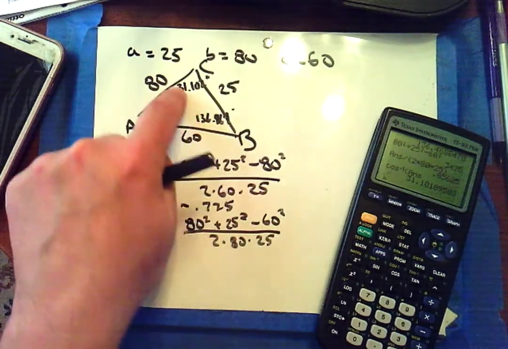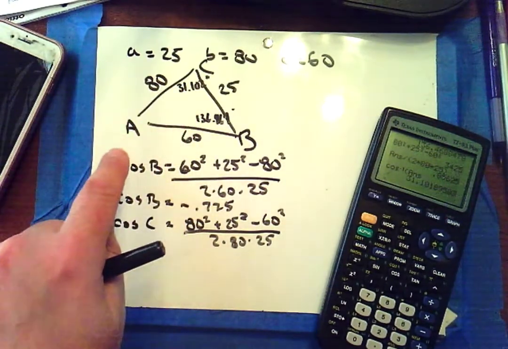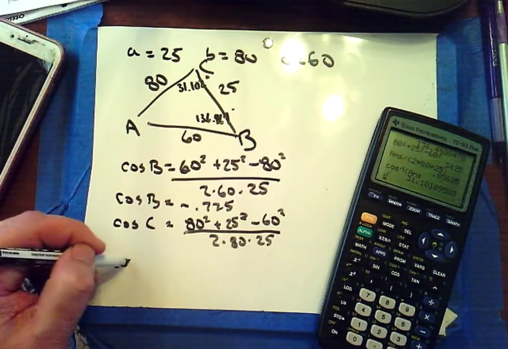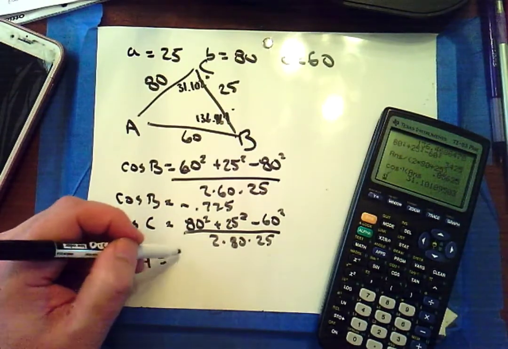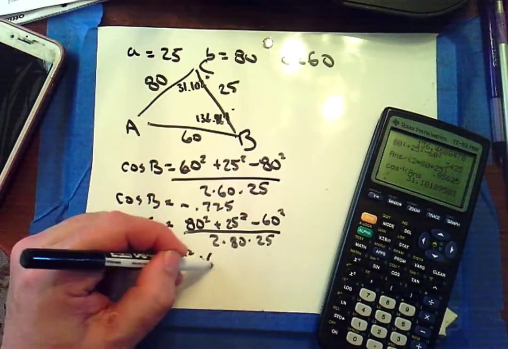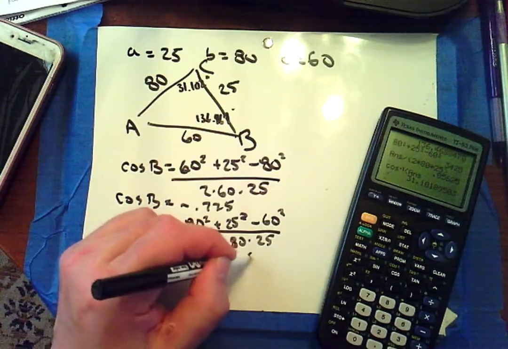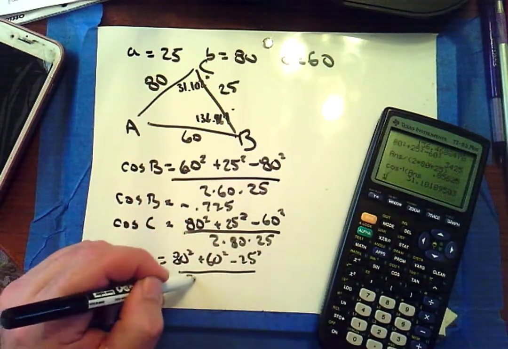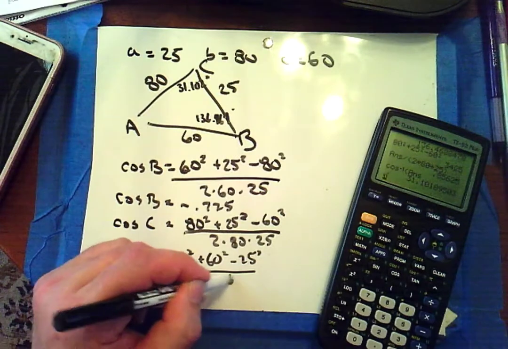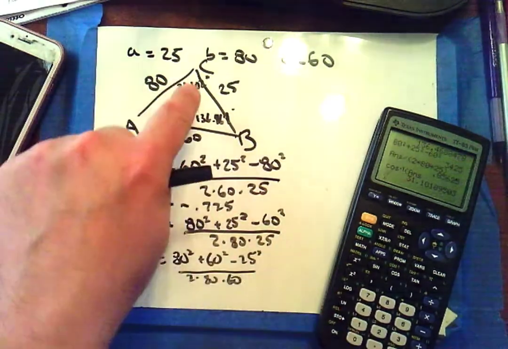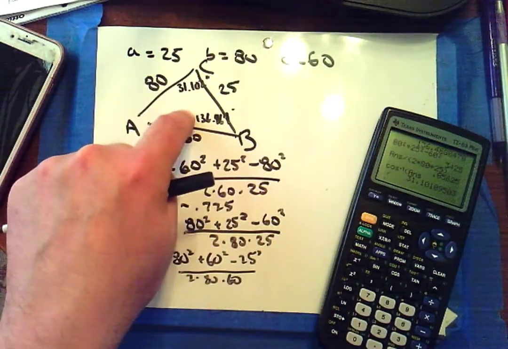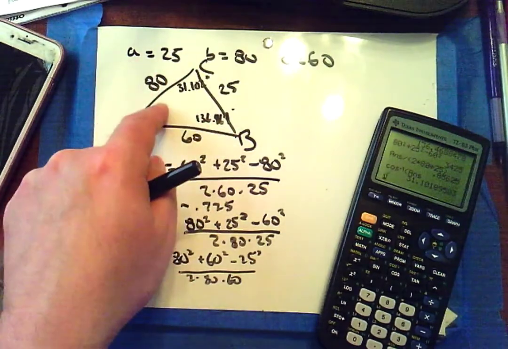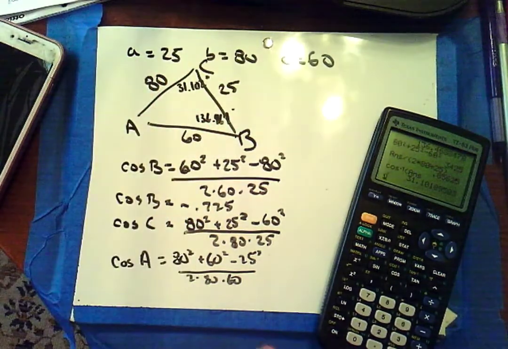Of course, I could subtract these two from 180, but I'm just going to confirm my answer by doing cosine A equals 80 squared plus 60 squared minus 25 squared over 2 times 80 times 60. Because if I made a mistake with one of these and I did the subtraction method, that's guaranteeing that this will be wrong as well.